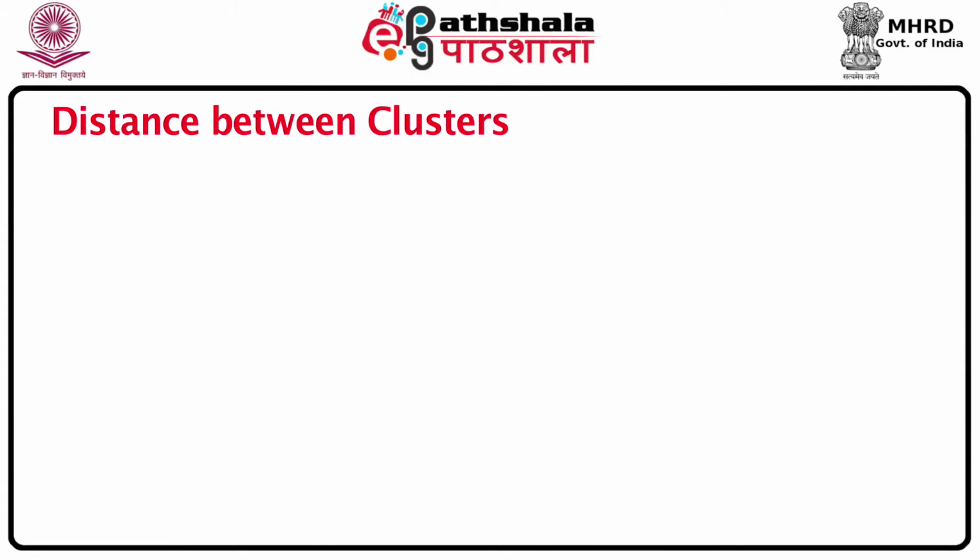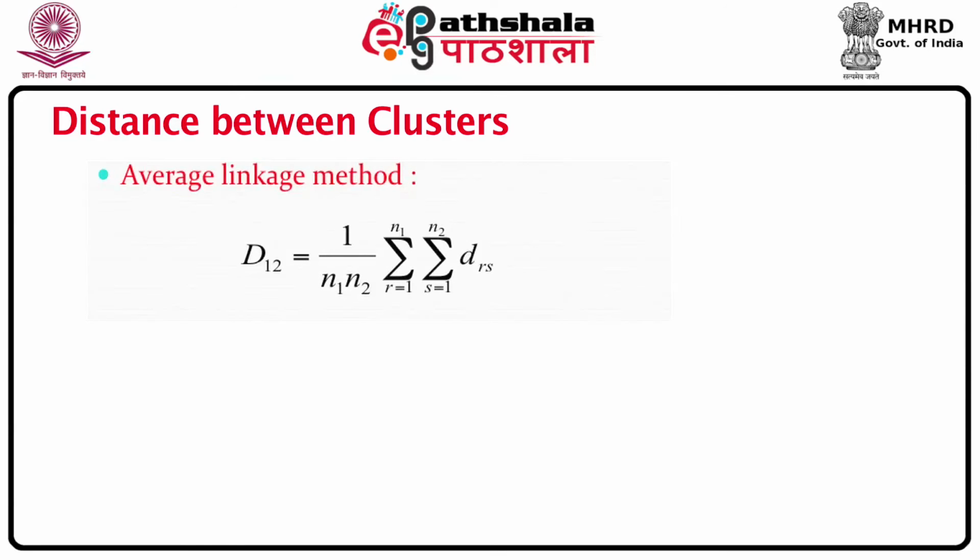A third method which is used is the average linkage method. In this case, we take the average of all distances between the n1 individuals in the first group and the n2 individuals in the second group. So it's a sort of an averaging over all possible distances between the individuals in the two groups.